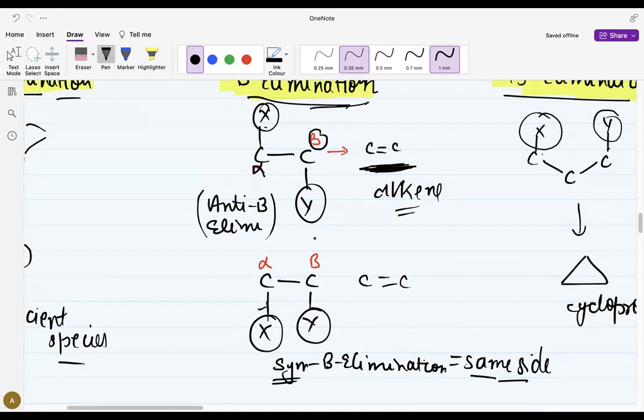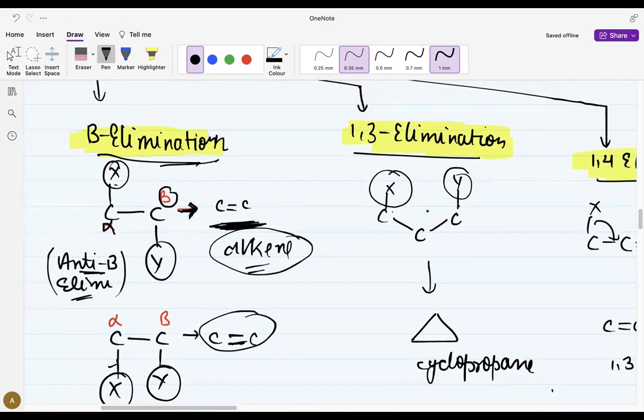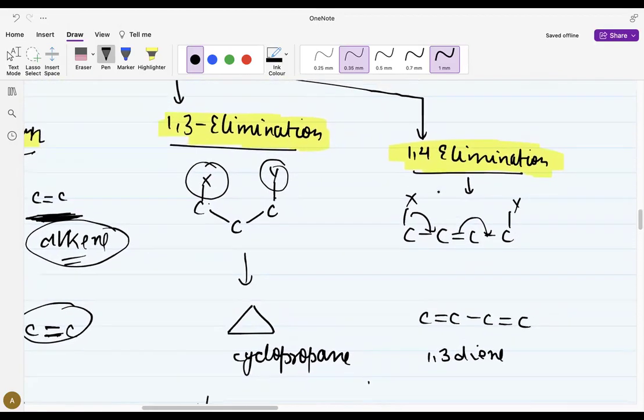And if I am removing X and Y from opposite sides, this is known as anti-elimination. Both will give us alkene. So always remember, in elimination we will get alkenes.